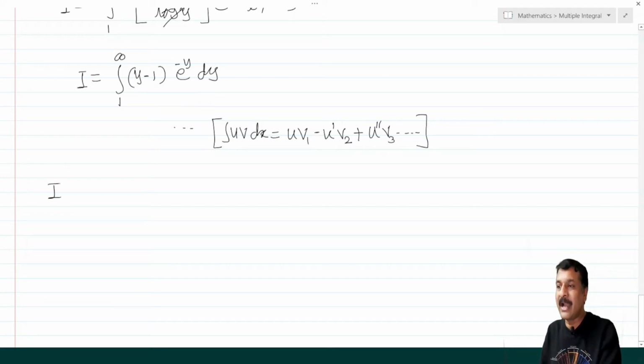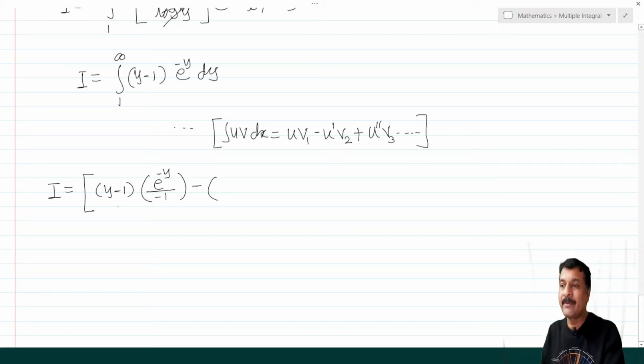I equal to first constant, y minus 1, constant, integration of second. Do not adjust the sign, keep in bracket. Minus the derivative of this with respect to y, it is 1, into integration of this one with respect to y: e raised to minus y by minus 1, already minus 1, so I am getting plus 1.